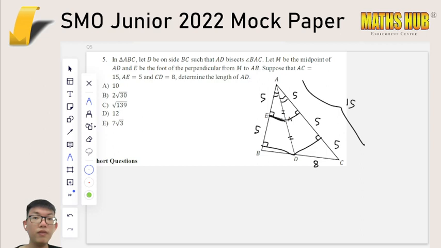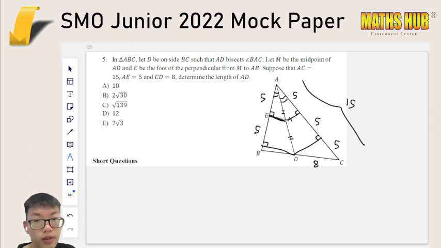Well, there are some interesting things that we can actually say here. But at this point, we already have enough information to solve the problem. The reason is that by drawing that in, using Pythagoras, this length is going to be square root of 39.